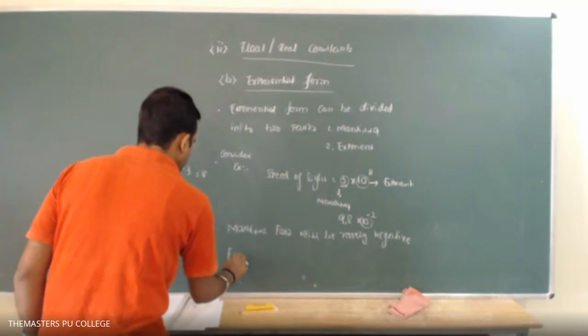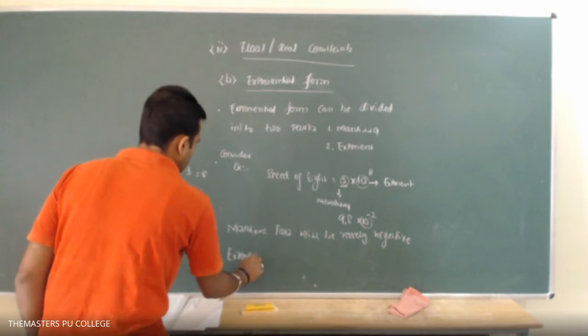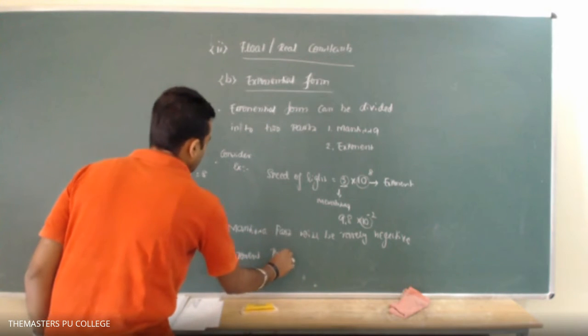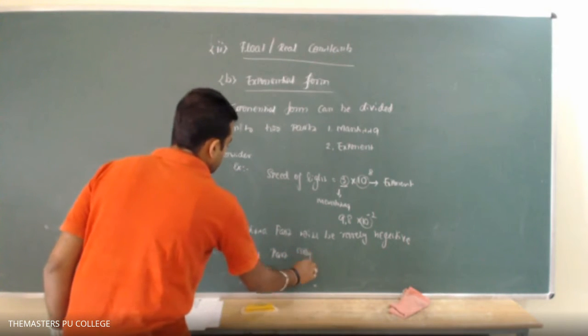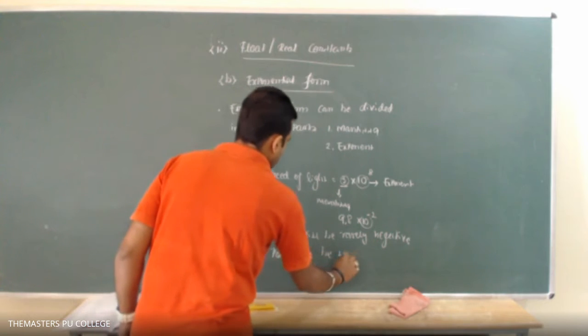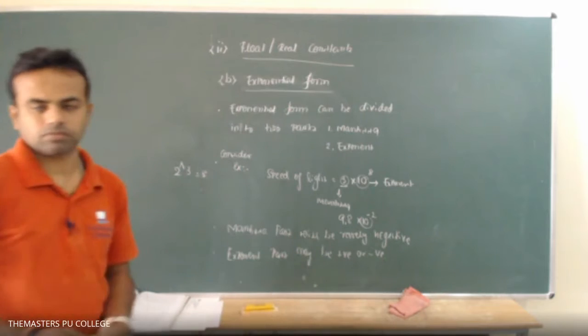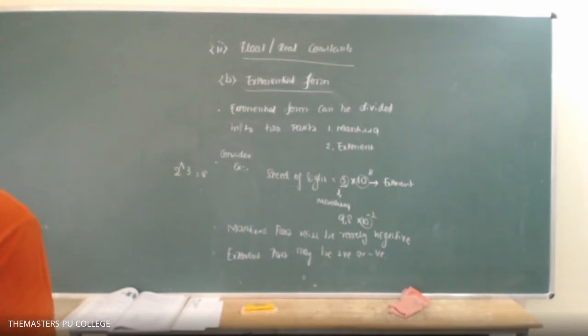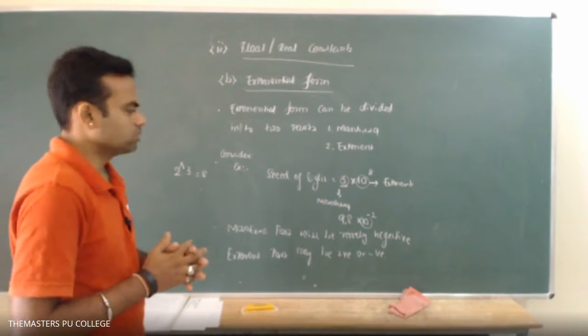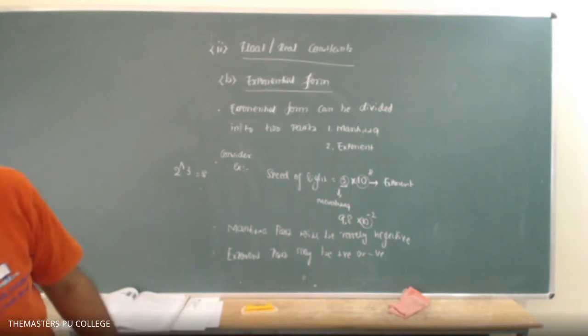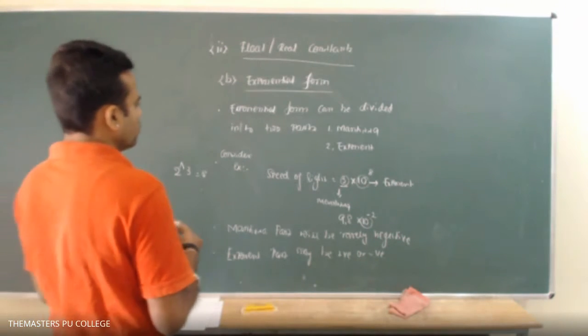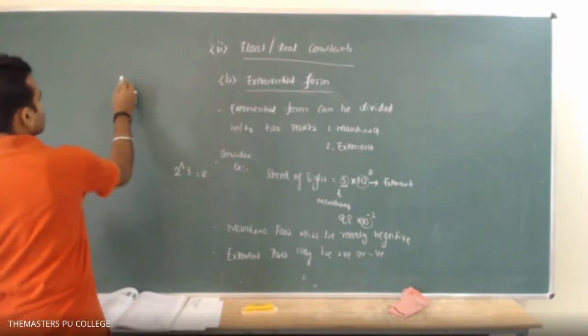The exponent part may be positive or negative. Right? In computers, we represent this exponential form in terms of e.